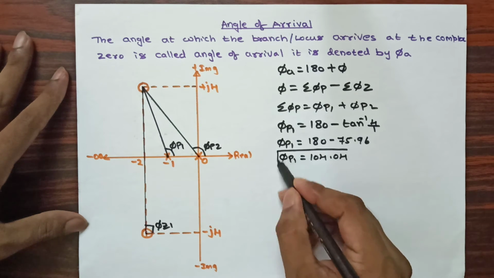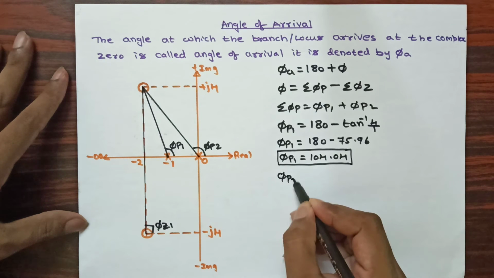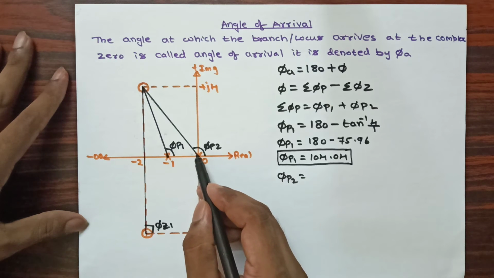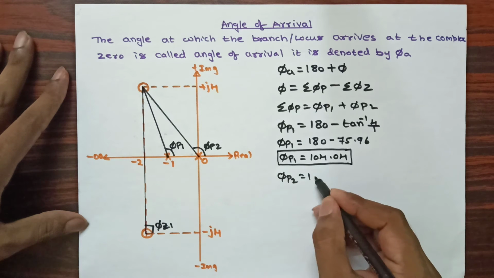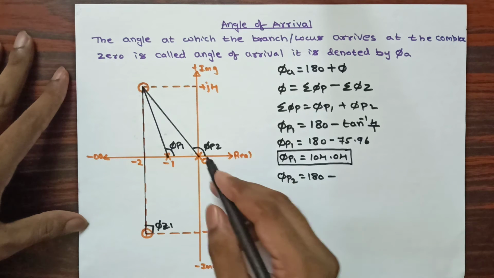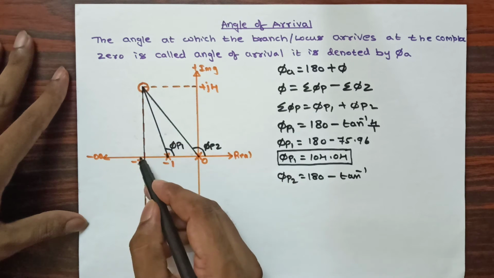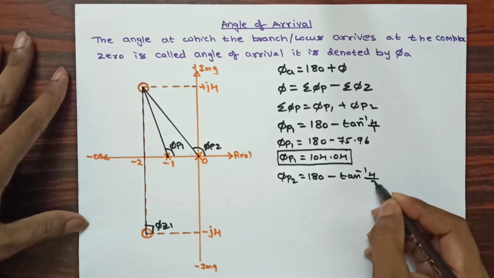This is the phi p1 value. Next I am going to calculate phi p2. Phi p2 is equivalent to, in this also you can see two angles are unknown. Therefore 180 minus tan inverse, opposite is 4, adjacent is 2, 4 by 2.